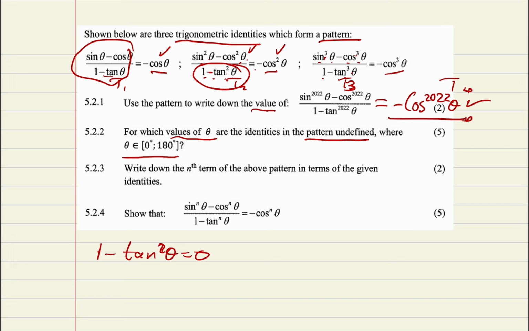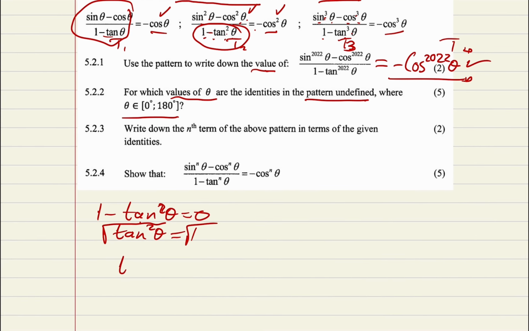Then I take this one to the other side, so I'll have tan squared theta is equal to 1. Then I put a root. So hence I will have tan theta is equal to plus or minus 1.